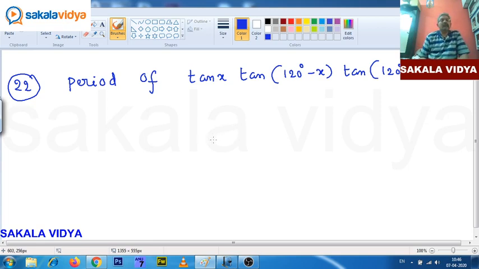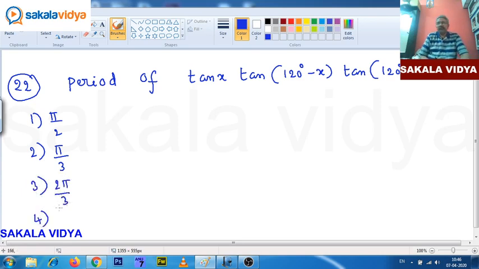Yes, that question is actually 2 pi by mod a, that's correct for the previous problem: cos 3x means 2 pi by 3. So now the first option is pi by 2, second option is pi by 3, third option is 2 pi by 3, fourth option is pi.